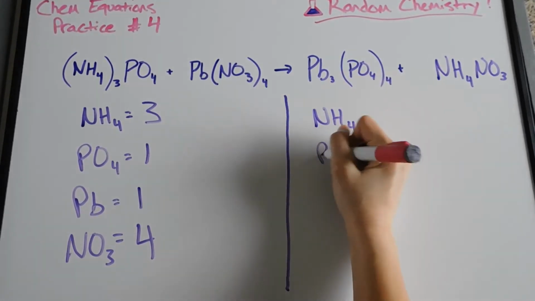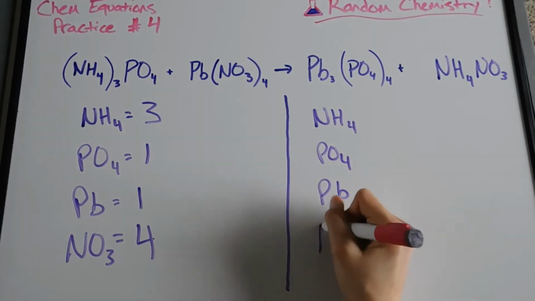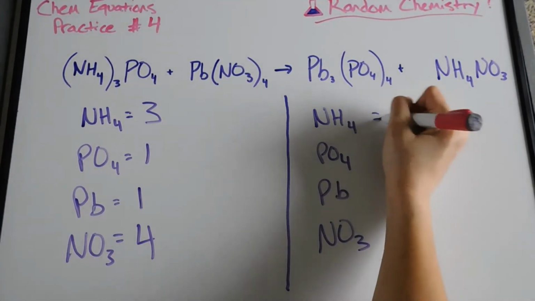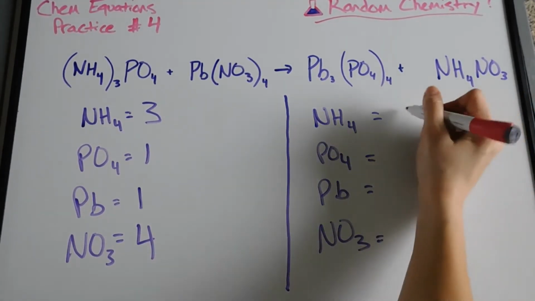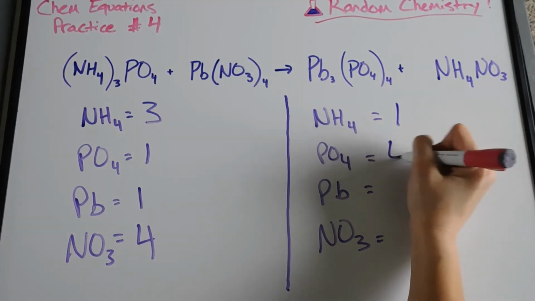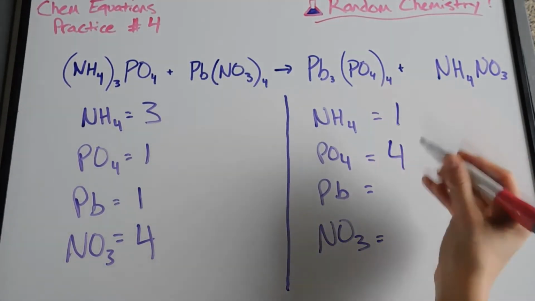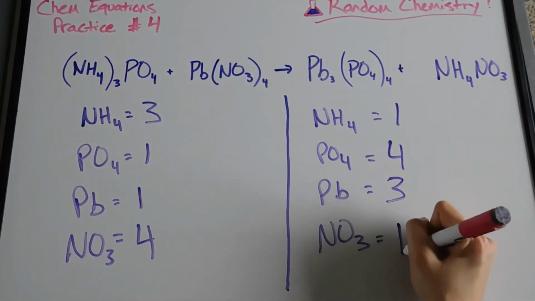NH4, PO4, PB, NO3. Alright, so NH4, 1, PO4 has a subscript of 4, PB, there's a subscript of 3, and NO3, just 1.